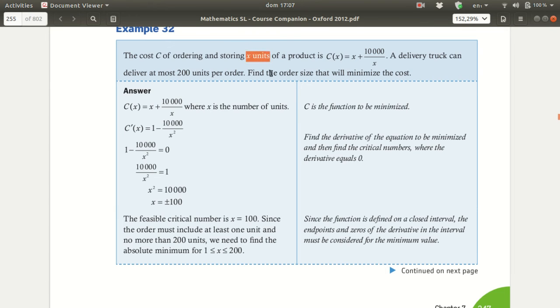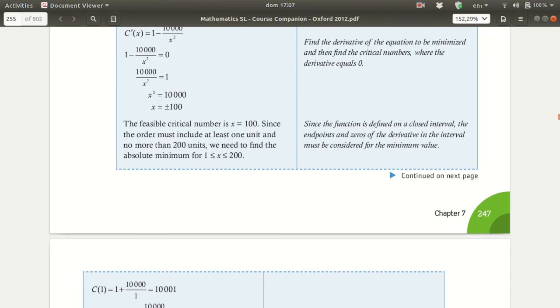Does it make sense to have a negative number of units of a product? I don't think so. So the only feasible critical point is X equals 100. Now the order must include at least one unit, and it can't be more than 200 because that's our original constraint. So we need to find the absolute minimum for this domain.